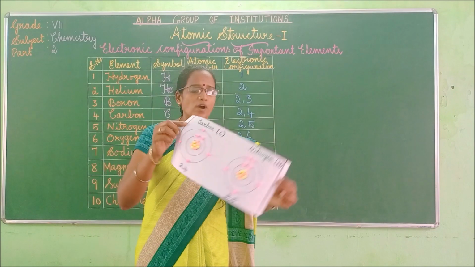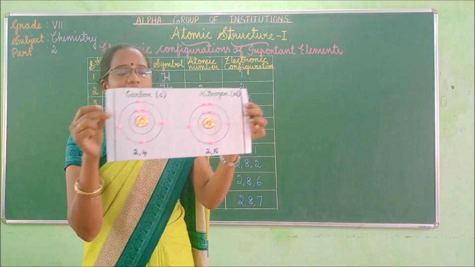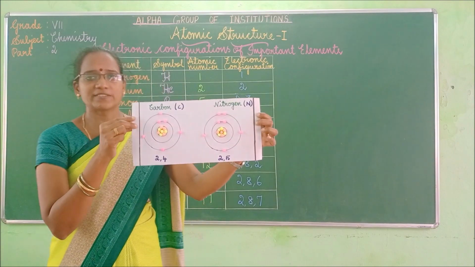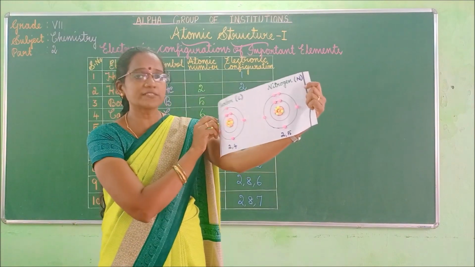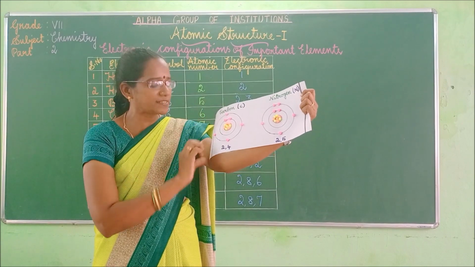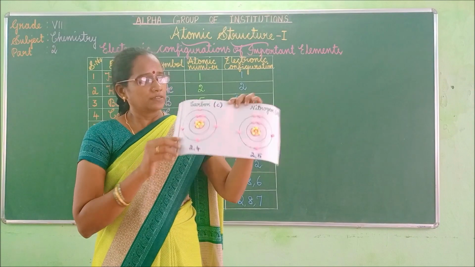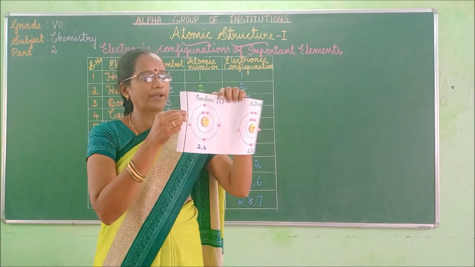So look at this one. Here the carbon element as well as the nitrogen element are present. This is the electron arrangement of the carbon atom as well as the nitrogen atom. First let us see the carbon.